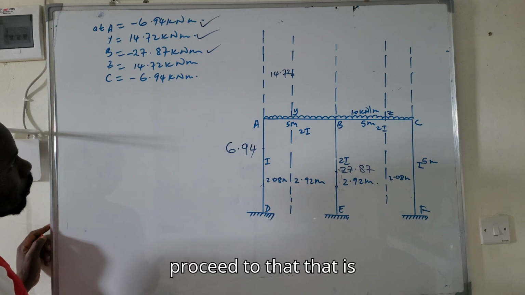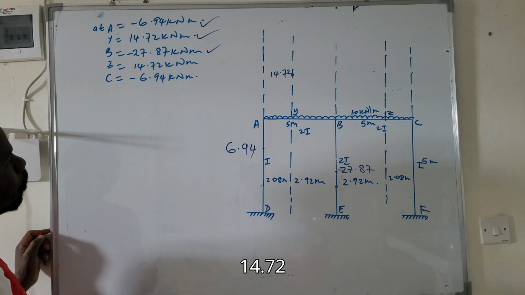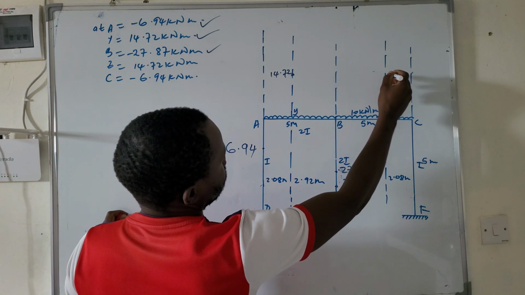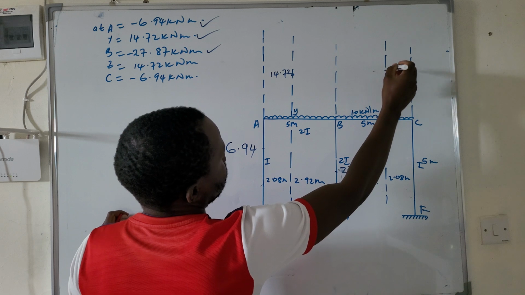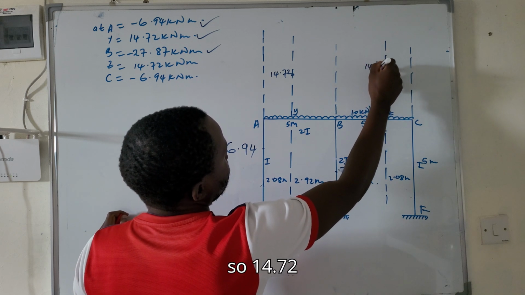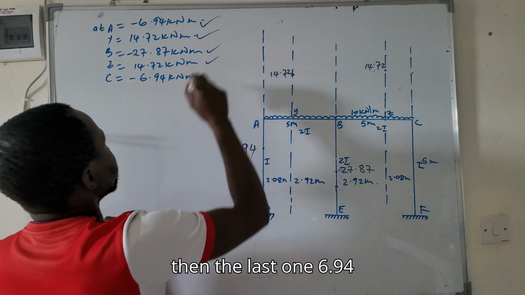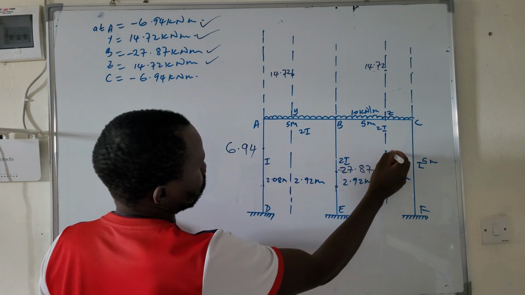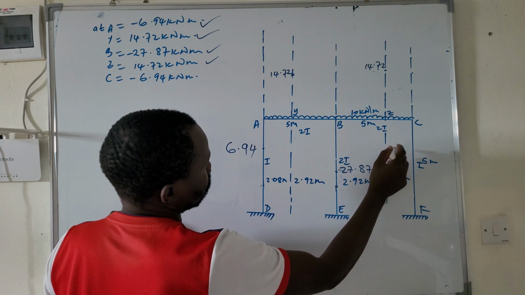We proceed to Z. That is 14.72, similar to this. Then the last one, 6.94.